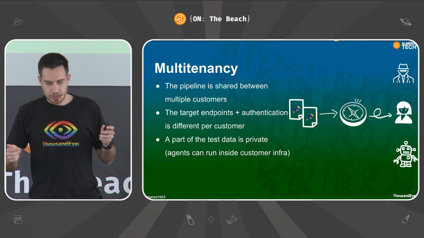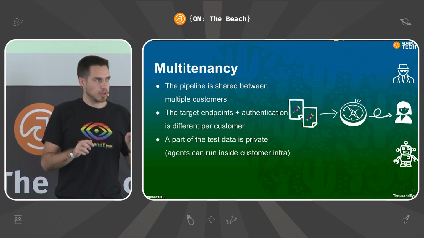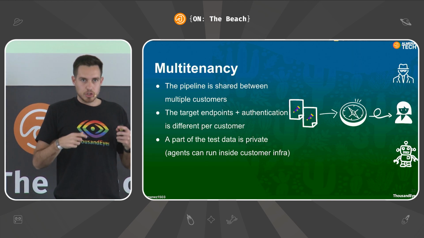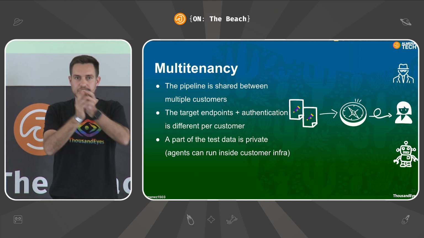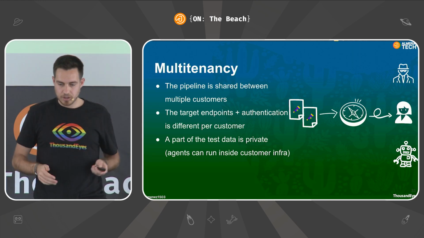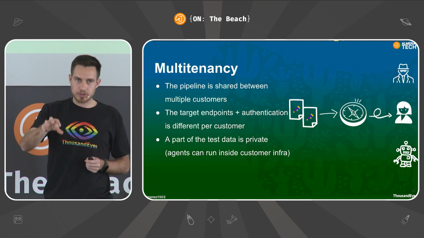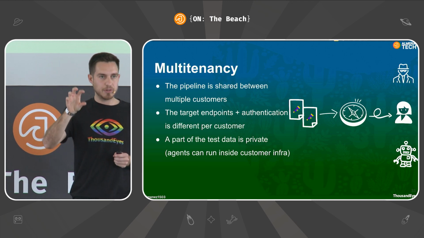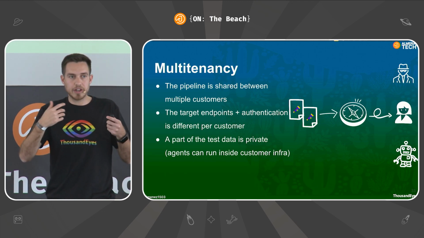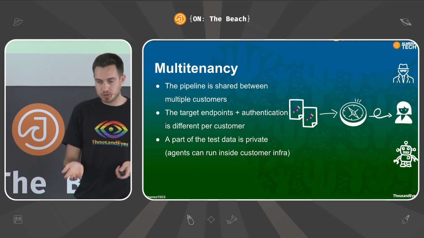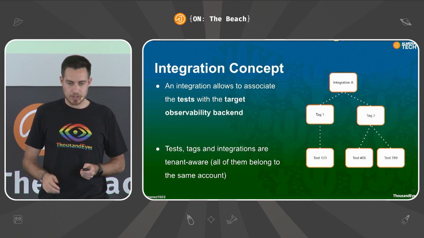The last challenge that we faced was multi-tenancy. All our data points go through the same pipeline, so we need to make sure that the data is always sent to the correct target. Why is it important? Because there is some data, and some agents, that are running inside the customer infrastructure. So we cannot share with other customers things like IPs, MACs, or results of their monitoring system.